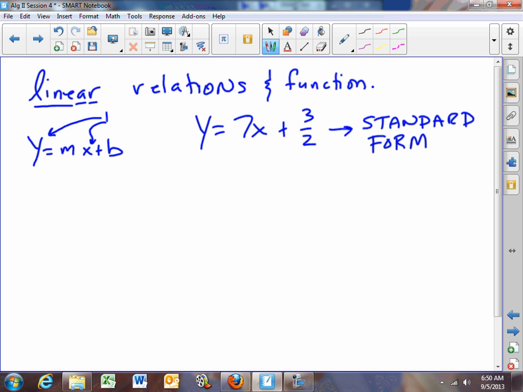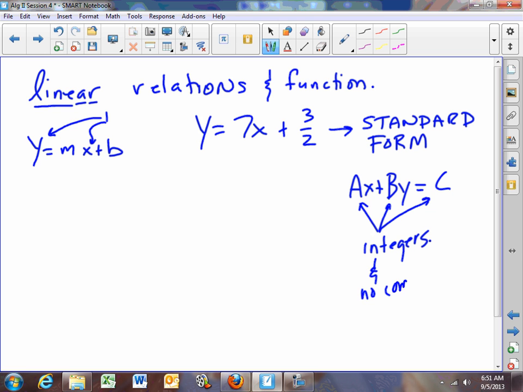Now, standard form is when the equation is in the form ax plus by equals c, where all three capital letters A, B, and C are integers, and they are to have no common factors. In other words, if they all have a factor of 2, you would divide that out.